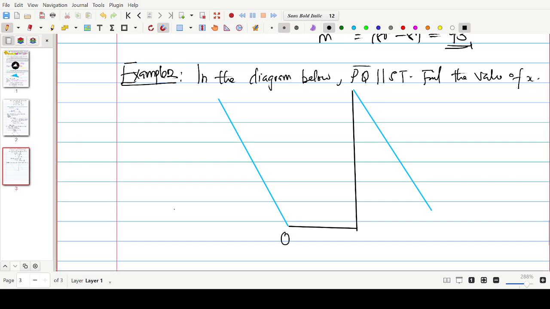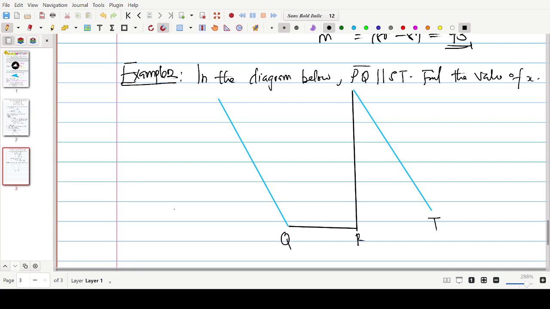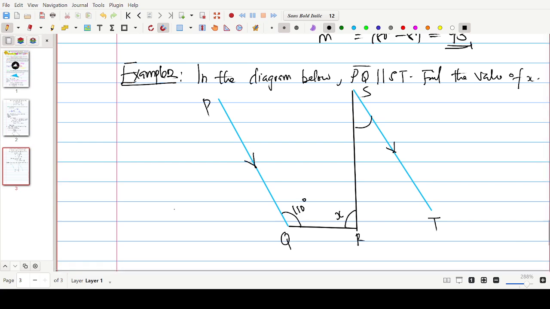So here's Q, R, T, S, and P. Now I'll give you that this side is parallel to this side. Can you see that? And the angle here is 110 degrees. This place is X, we don't know. And here is 54. So we are required to find the value of X in this particular problem.